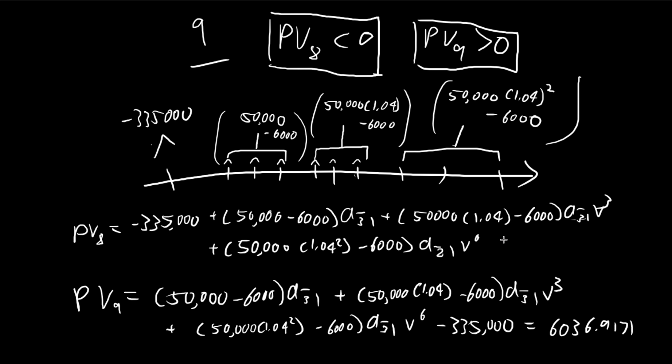And once again, you substitute all your numbers in, and you'll find that this is equal to a certain negative number. Once again, the exact value of this number is not important. All we have to know is that it's smaller than 0. So we've proven both of these claims. And so that is why the discounted payback period is equal to 9.